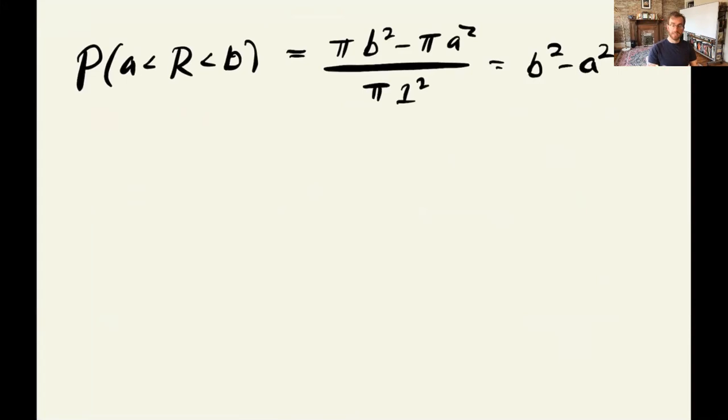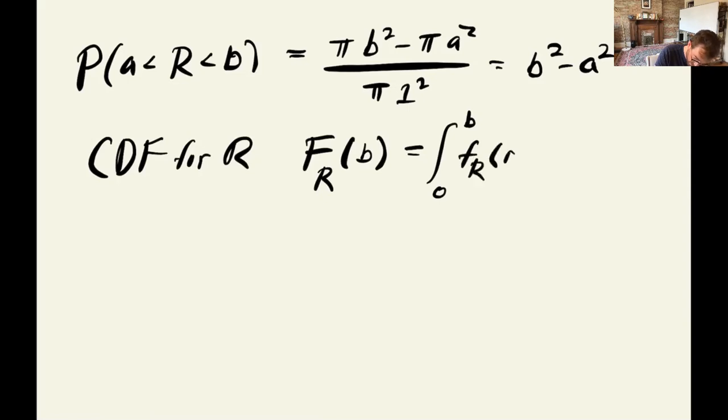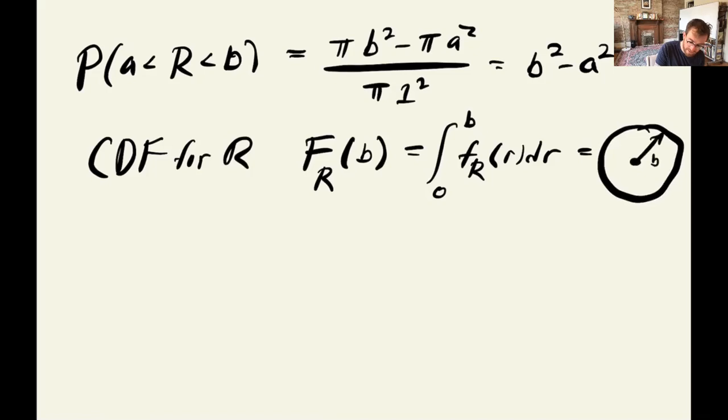Actually, from this, it's really easy to read off the CDF. So the CDF for big R, which we sometimes call big F, evaluated at B, is going to be the integral from 0 to B, because we know that there's no negative radius, no negative distance, of whatever our PDF is, f of r dr. And this in turn just equals the area of a disk of radius b.